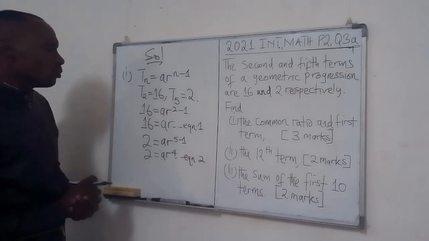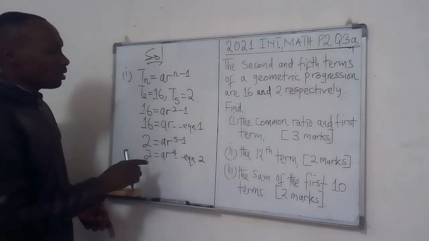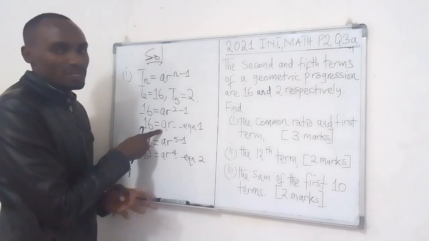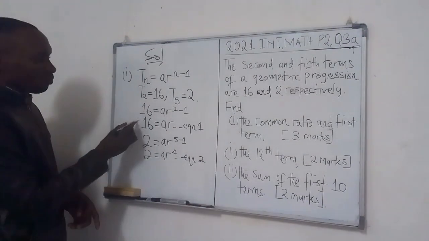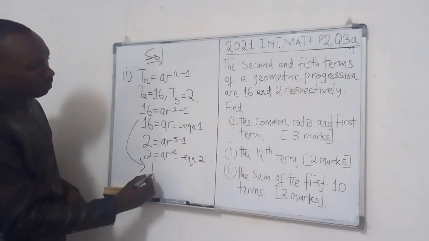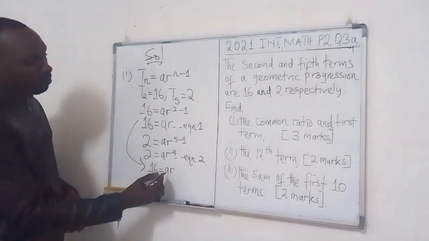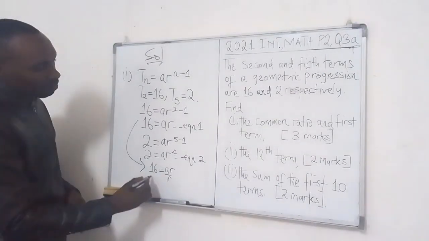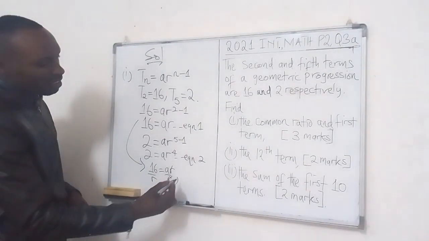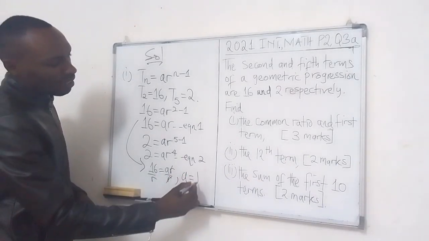Then to work out these two so that we get the common ratio and the first term, I'm going to pick equation 1 and make a the subject. We have 16 equal to ar, and if we divide both sides by r, the r's on this side will simplify, giving us a equal to 16 over r.